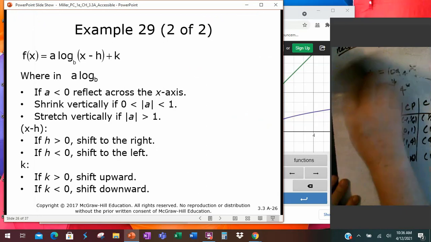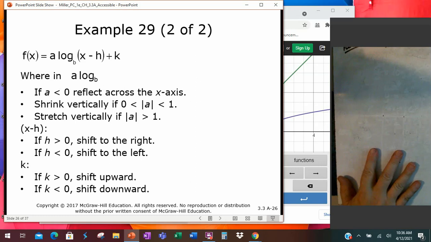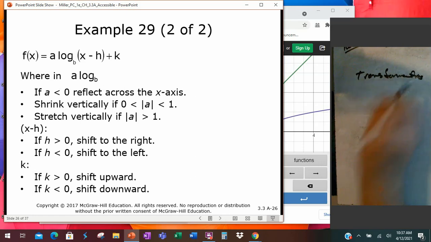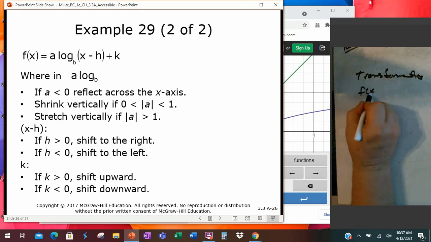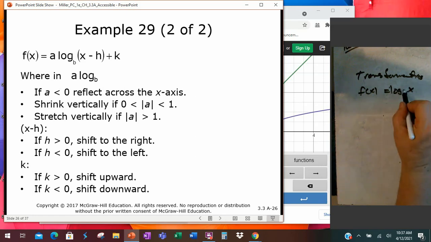Now, logs by themselves, once we have a basic function, then we can do the very same transformations. Okay. So if I know, and I can do this one, this is a b, looks like a 10, but it's a base, any base b.